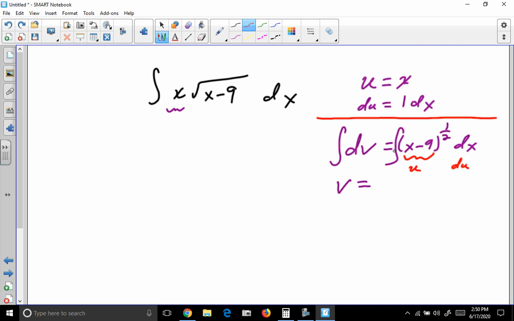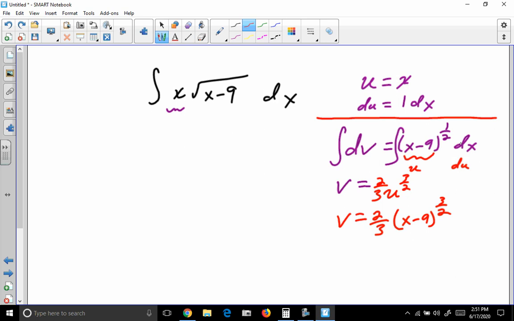So we just have the integral of u to the 1/2 du. And the integral of u to a power is u to the 1 greater power over that power, normally plus c, but we don't use the c until the very end here. So u is x minus 9 to the 3/2. So that is our v.